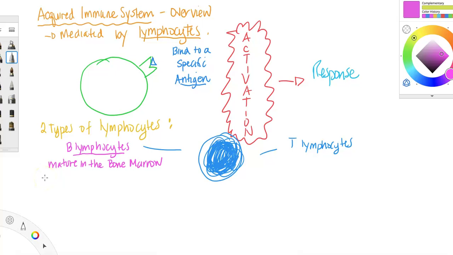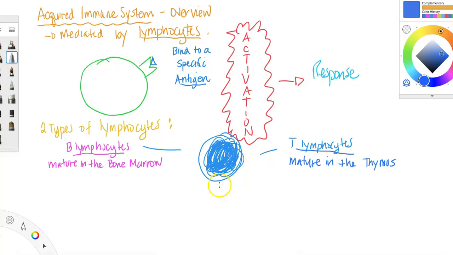The T lymphocytes mature in the thymus gland. Okay, so T lymphocytes, T thymus. Okay, so I should be able to remember that.